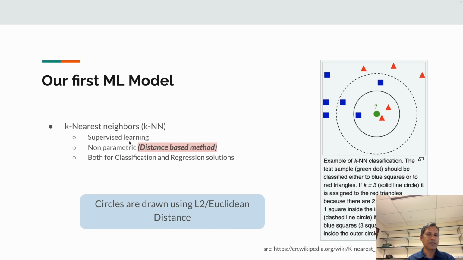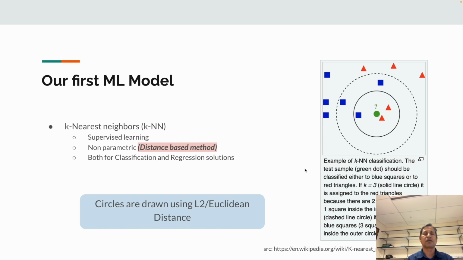It's a supervised learning model, because we started with some known data with their labels, in this case triangles and squares, and then we used some distance calculations, in this case Euclidean distance, with the value of k. We made our decisions on whether a given point is a triangle or a square.